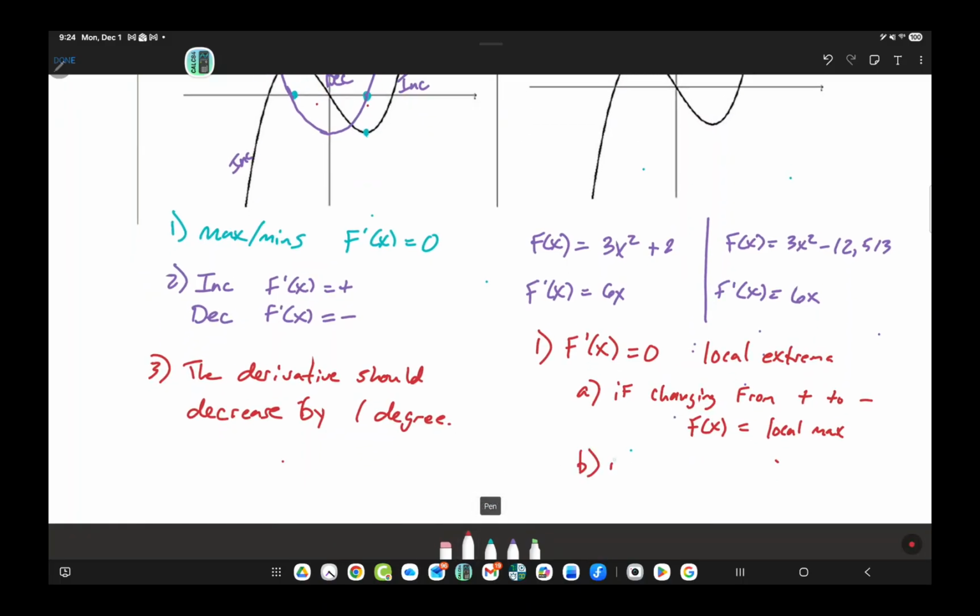B, if f prime changes from negative to positive, then f of x is a local min.